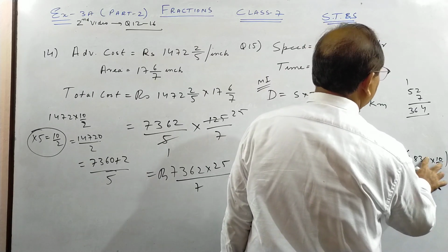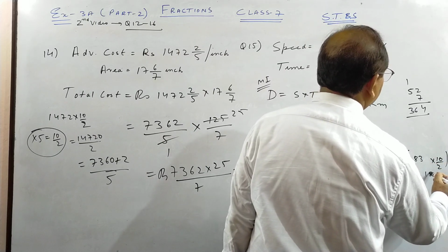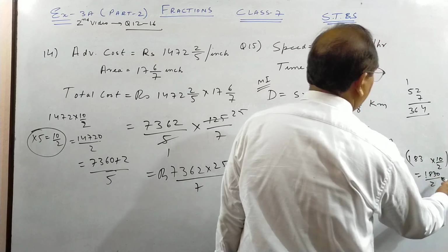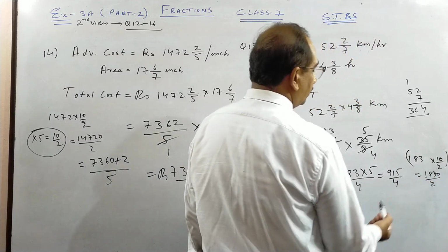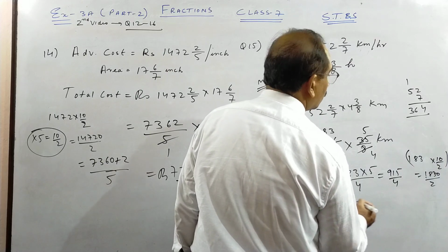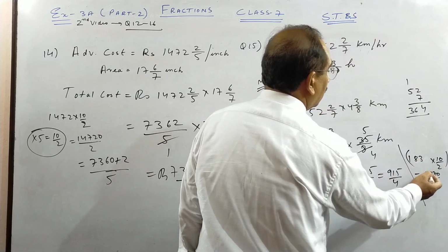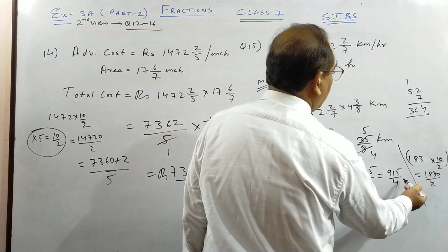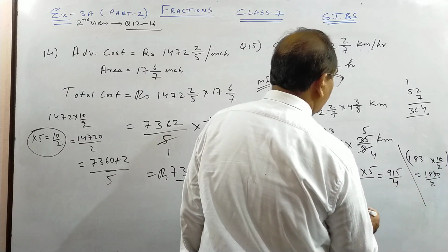1830, you will get half of that. So 915, 1800 half is 900 and 30 is 15. So we get 915 upon 4.